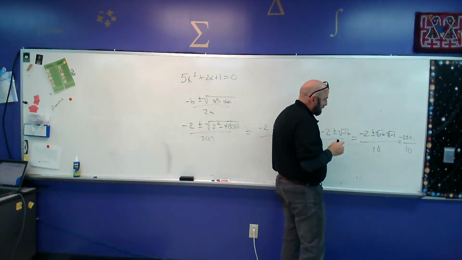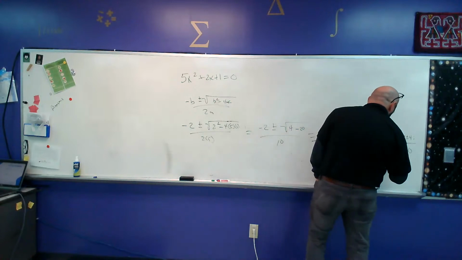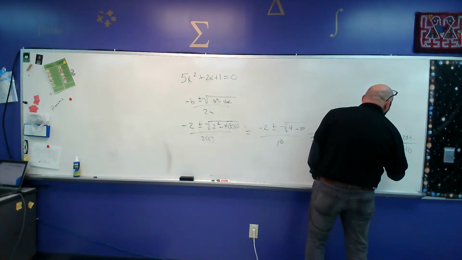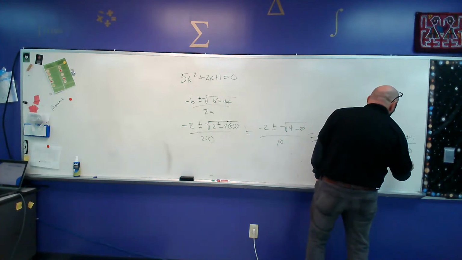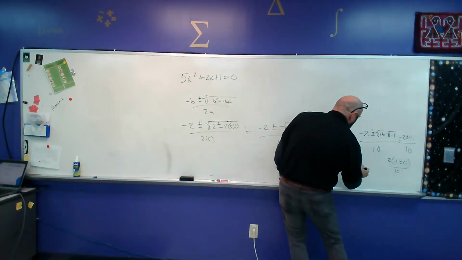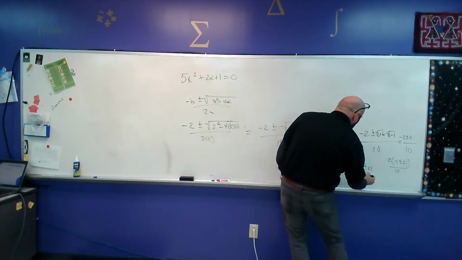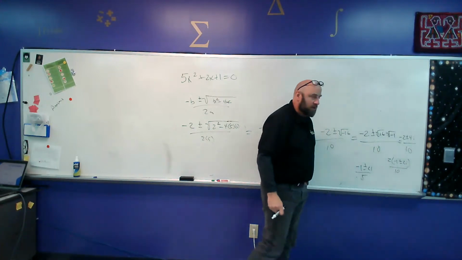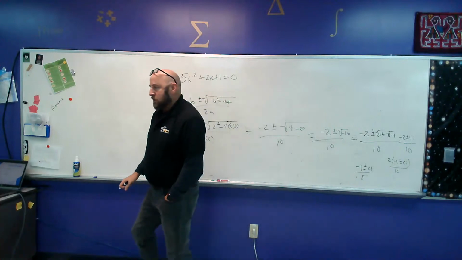So you can take a 2 out, I guess. So you get -1 plus or minus 2i over 5.